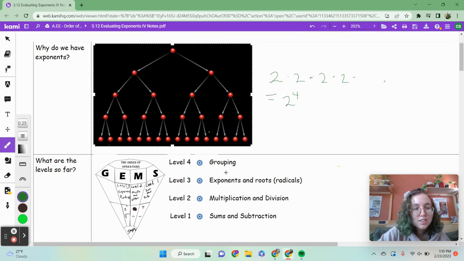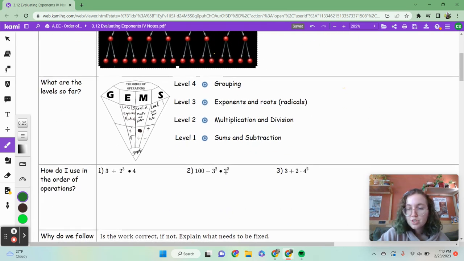Let's talk about order of operations. We talked about this in the first instructional video for this unit, but at that point we only had multiplication and division and sums and subtraction. So we've added a new one to our list. Now we know how to use exponents, and we haven't talked about roots or radicals yet, but we'll talk about that a little bit.